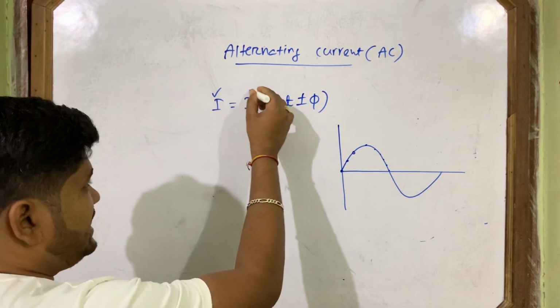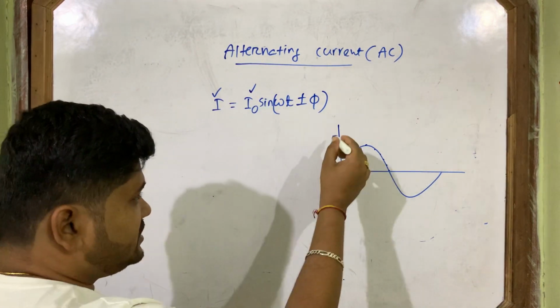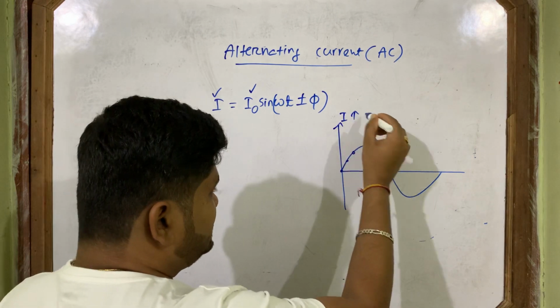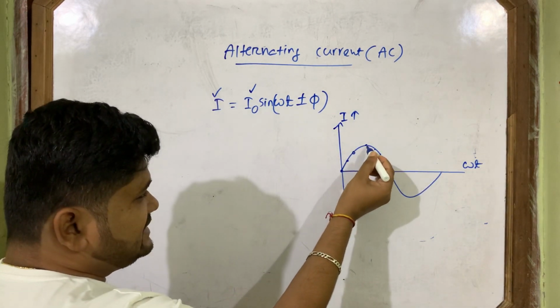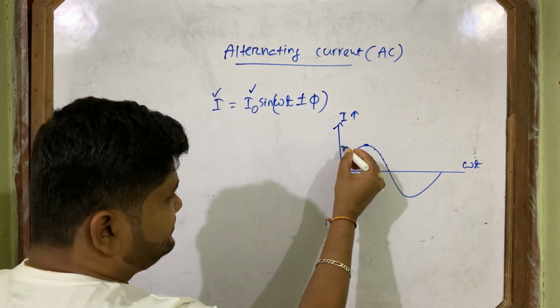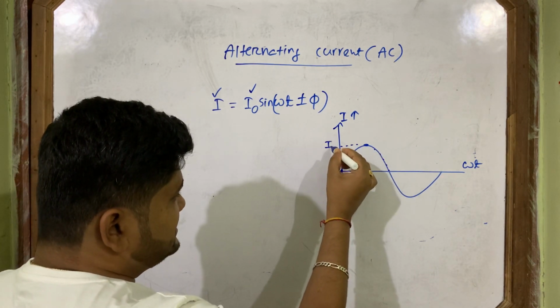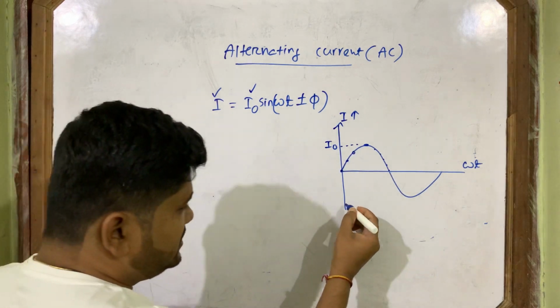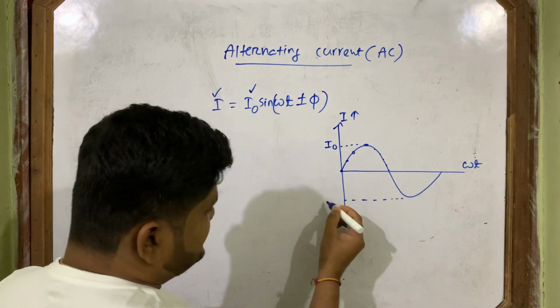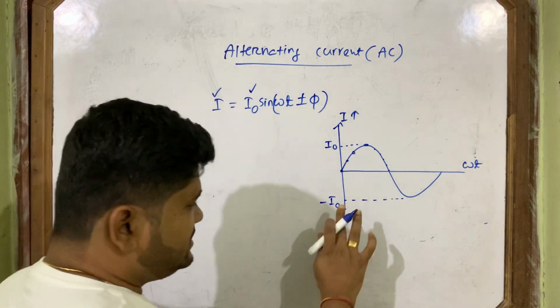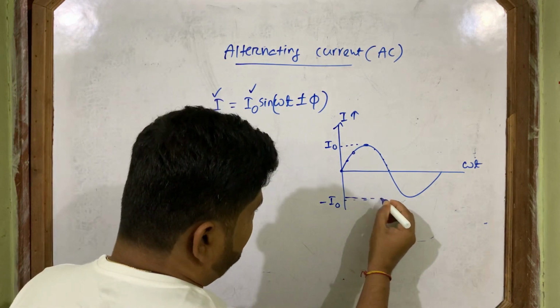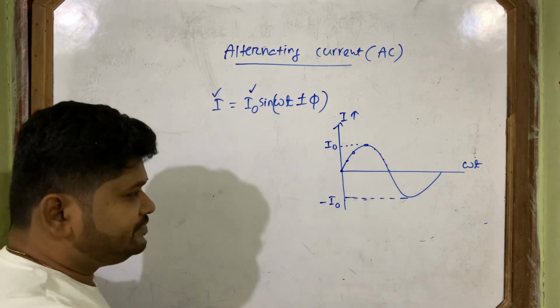But what is this I naught? You see, this is the I, this is omega t. When this I value increases and reaches maximum here, this is called I naught. And here it decreases and reaches maximum in the negative, so this is the minus I naught.